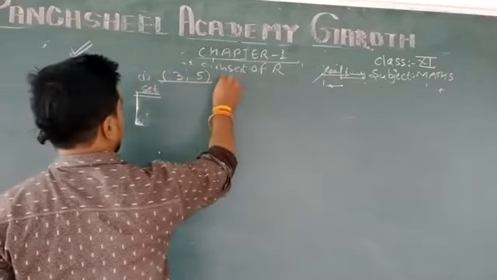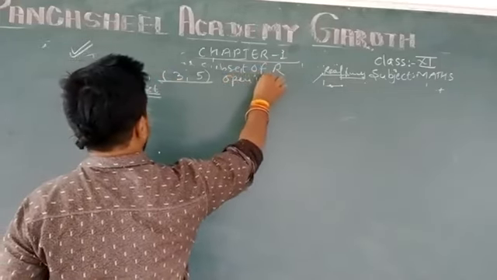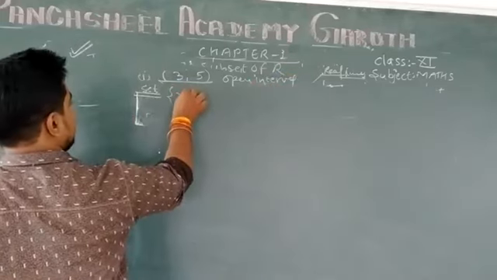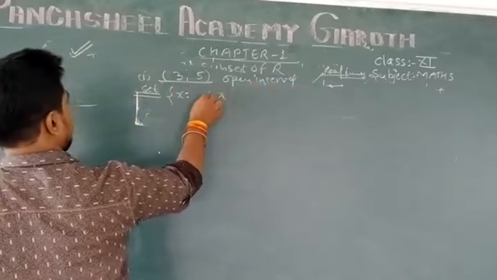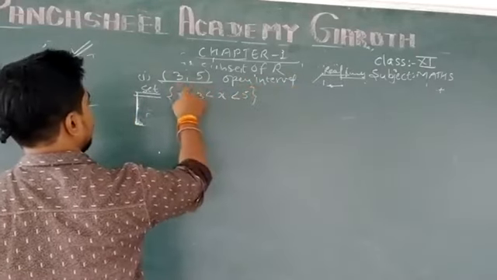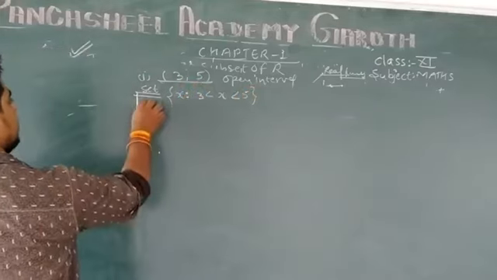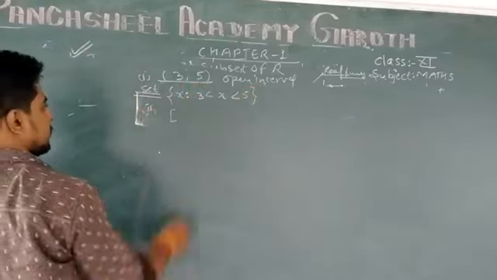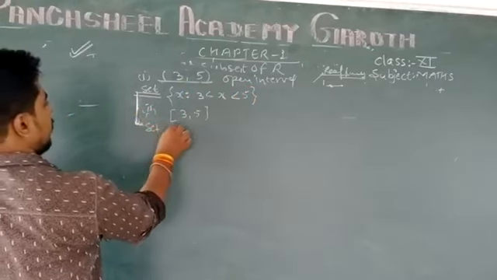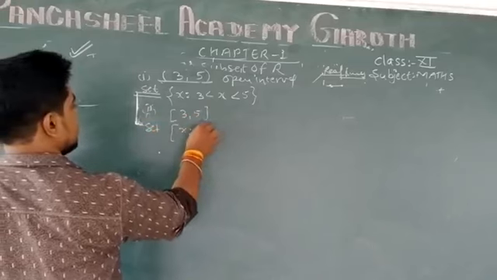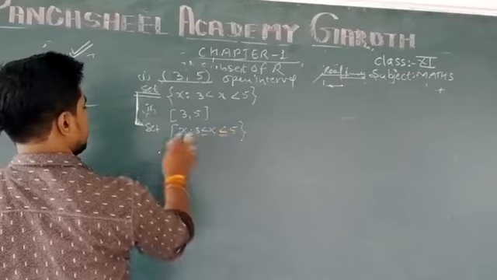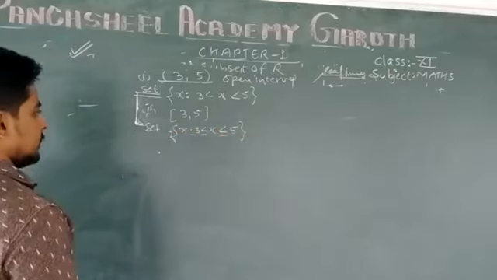This is an open interval, and for an open interval I write x such that x is greater than 3 and less than 5, because in the open interval these endpoints are not included. In the second case, if it is [3, 5], then the set builder form is x such that x is greater than or equal to 3 but less than or equal to 5, because the endpoint values are also included in that interval.